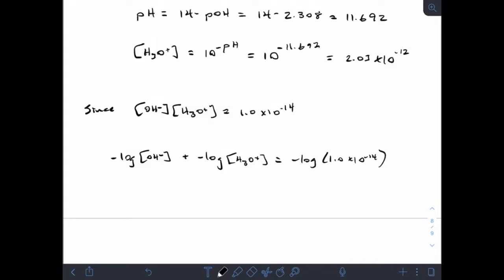Because when I take logs of everything, if I multiply the two things, then it's the same thing as adding the logs. So this is the same thing as pOH plus pH equals 14. That's actually how we get it.